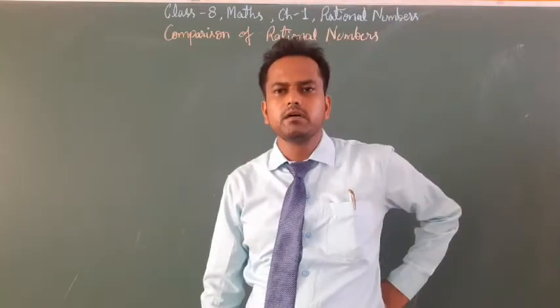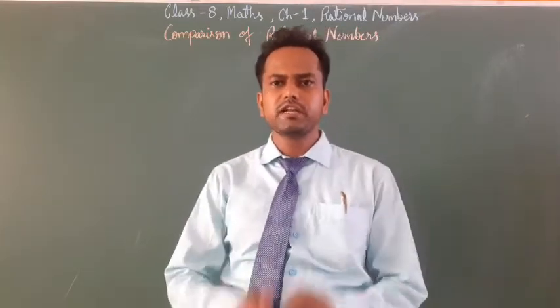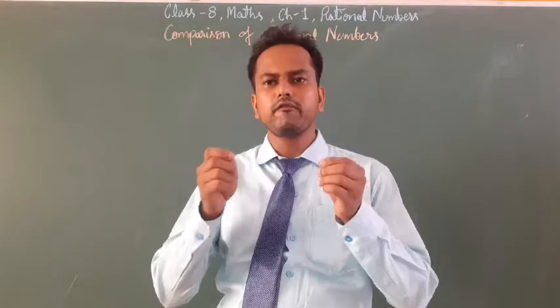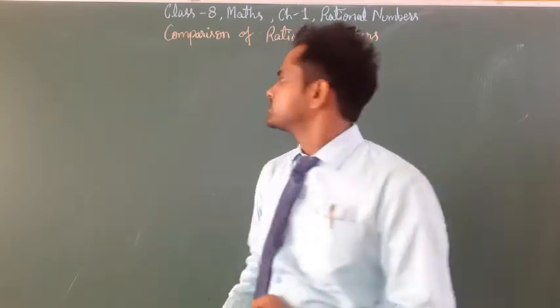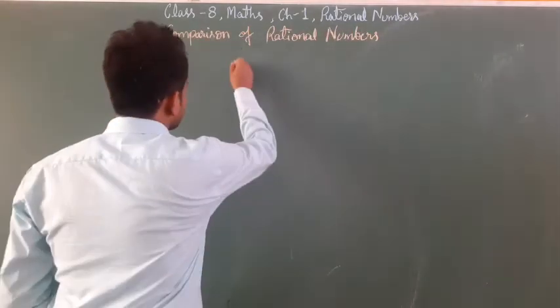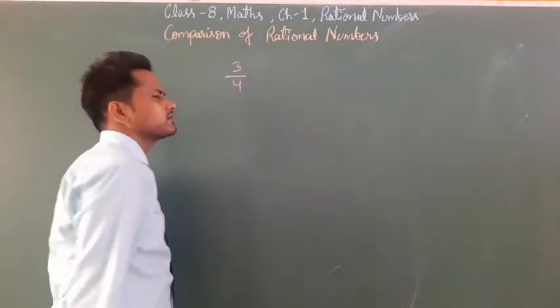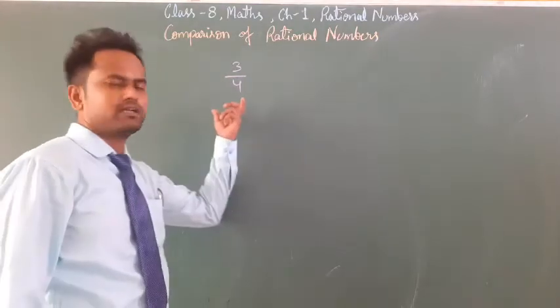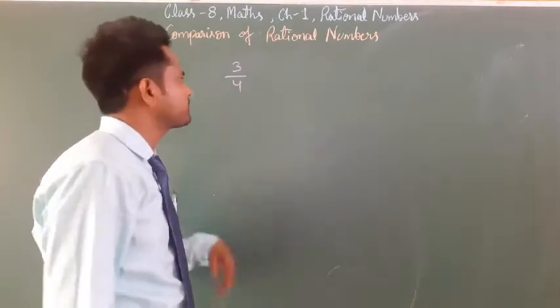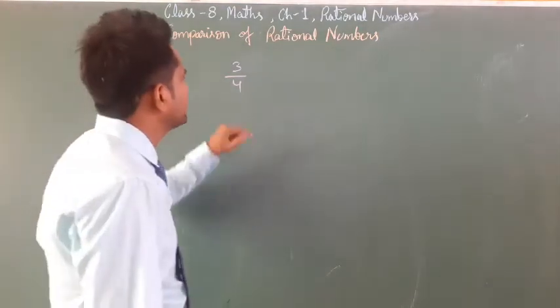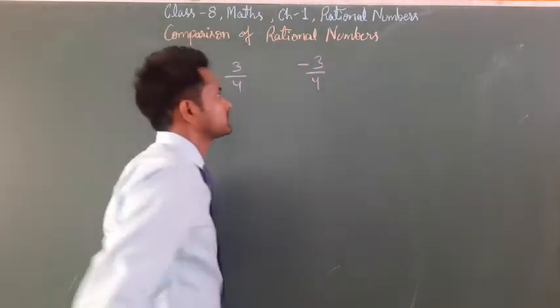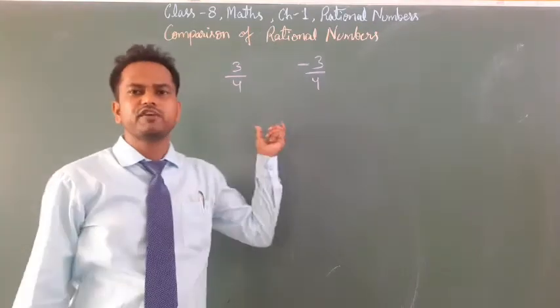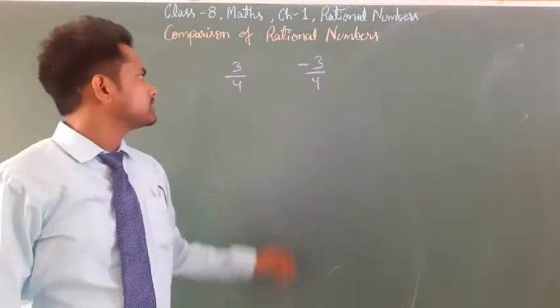A positive rational number is always greater than a negative rational number. For example, if I take one rational number 3 by 4, which is a positive rational number, and second minus 3 by 4, you have to tell which rational number is greater.